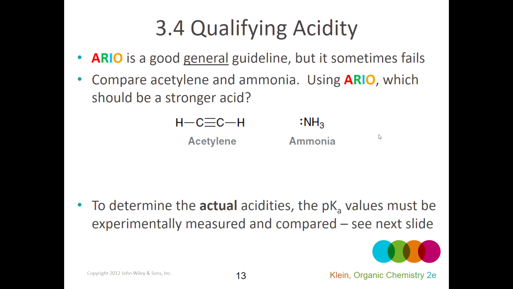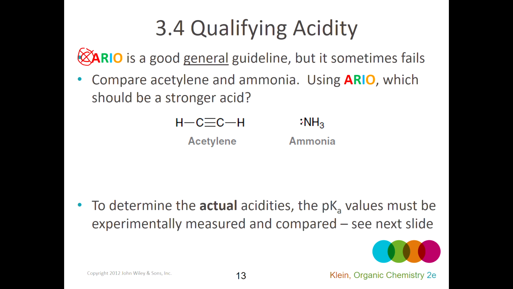Alright, so here is the only exception I actually expect you to know. You might want to memorize this one. And the reason for that is because it's actually common and relevant to some reactions that we're going to see later. So if you can remember this one, that would be really helpful for you. So if we look at the acronym in order, looking at the quantity of charge first, they're both neutral, so they'll have the same quantity of charge.